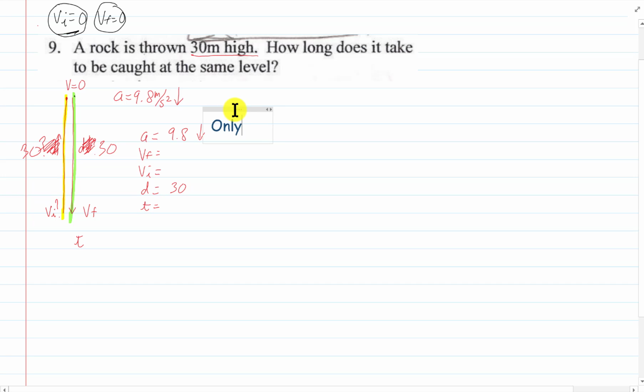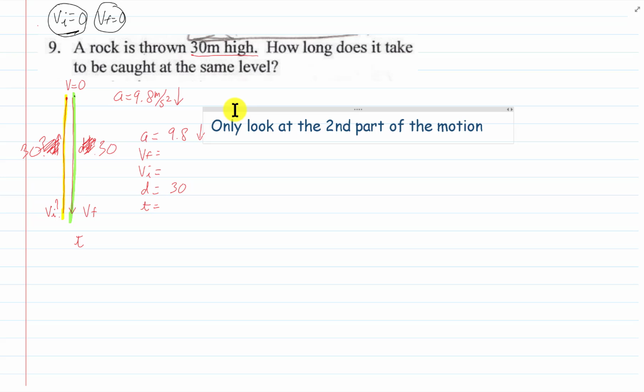Only look at the second part of the motion. And once we've got the second part of the motion, then we'll be able to get the first, and therefore the whole. So the second part of the motion, it's going down at 30. And the initial speed is 0.